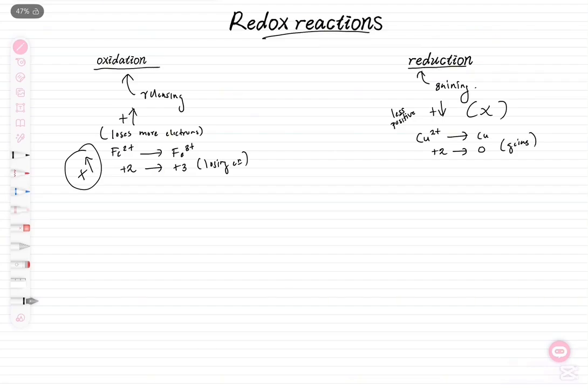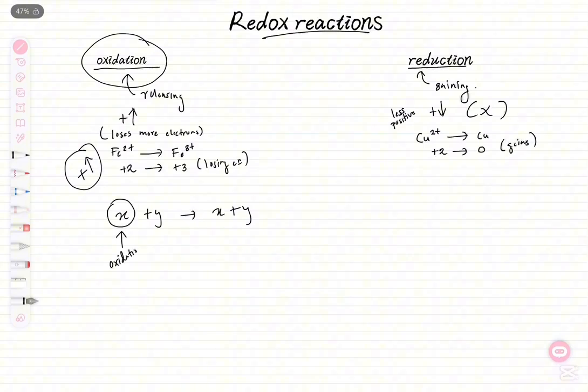So when a species undergoes oxidation, the other species will undergo reduction simultaneously, at the same time. If I take X plus Y forming XY, if X is undergoing oxidation, it loses one electron, and Y will undergo reduction.